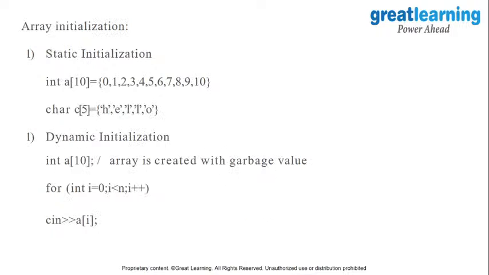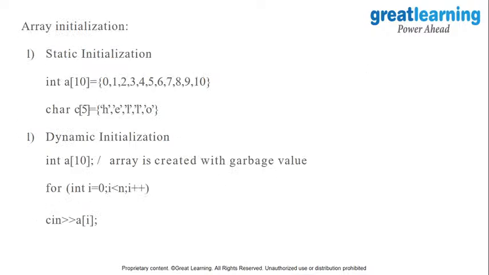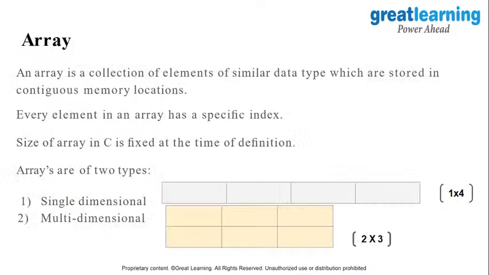Now if you see, there can be static initialization or dynamic initialization. That means we are doing it at runtime. Okay, so I guess I'm going too fast, right? I don't want to do pointers in this session. So is everything clear until this point?